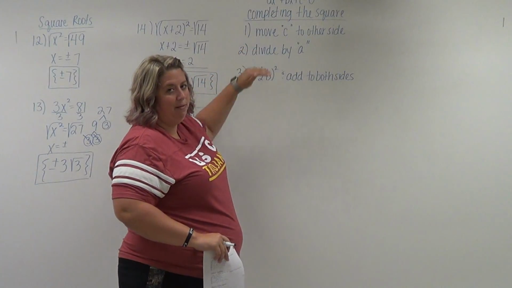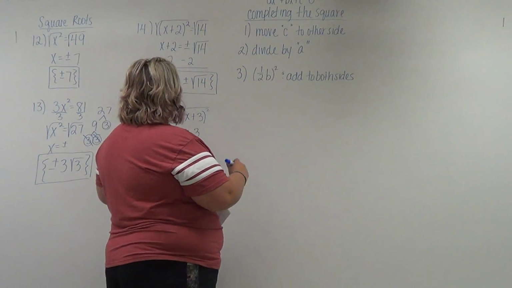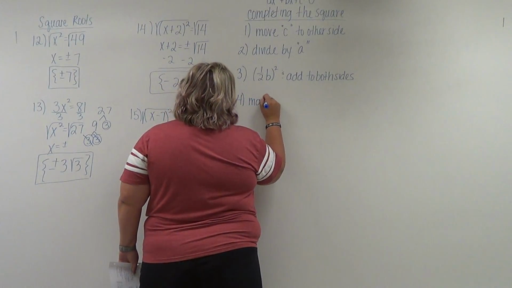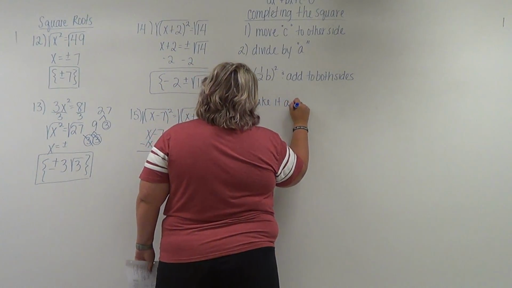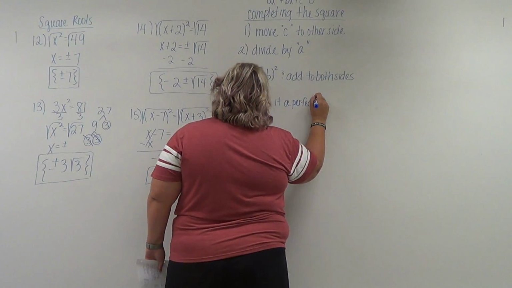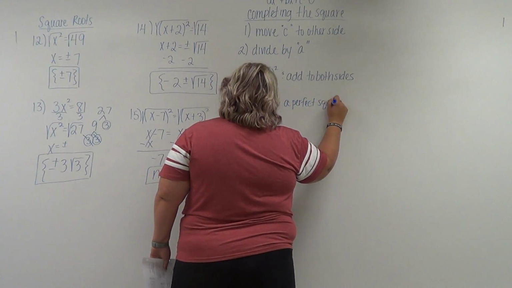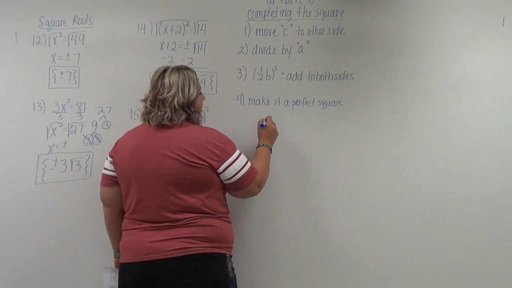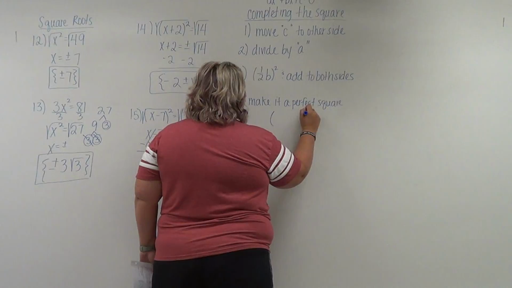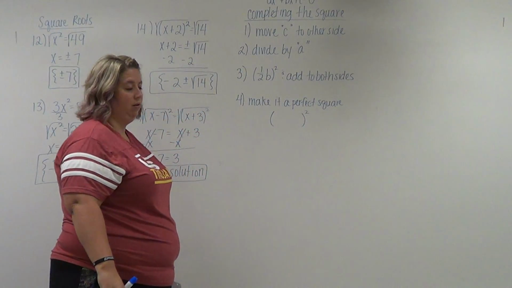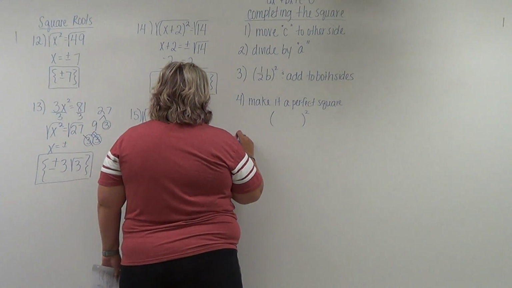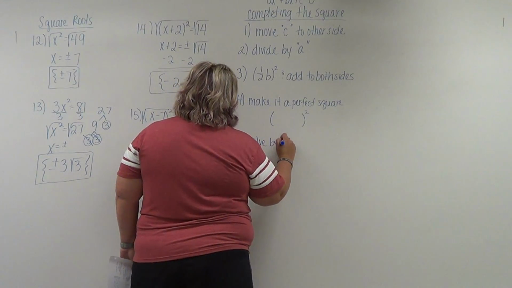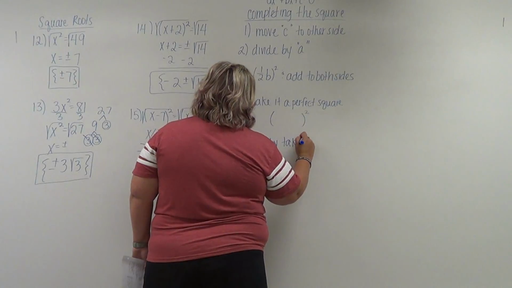It's after you would divide by A. Okay, step 4 is you're going to make it a perfect square. So the whole point of doing this is now what's on the left-hand side is going to factor into a perfect square. And then your last step is you're going to solve by taking square roots.